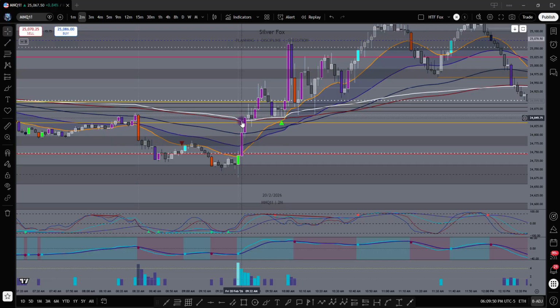Because even though it is punching above all EMAs and closing above VWAP right there, that's a big drop. You have to consider that a pullback could be 100 points. So I try to get the earliest entry possible, and that's what these indicators do.